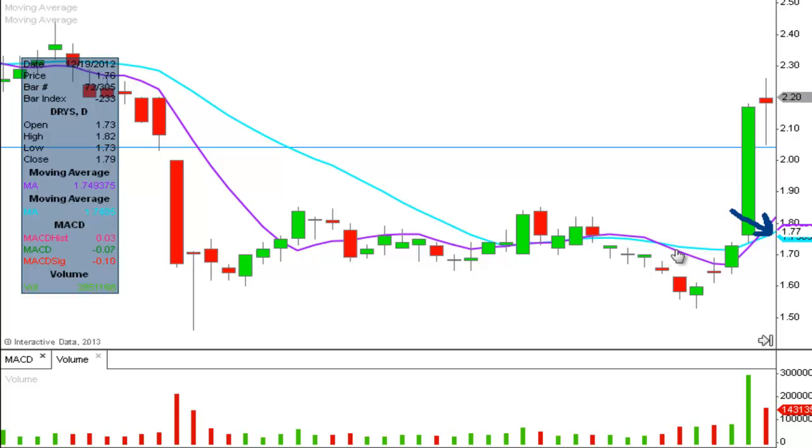As you know, the 20 SMA can certainly lead to more profits, but at this state of the trade, you can see that their risk is just much larger, whereas the people that are using the previous low method of the stop loss, they've just decreased their risk by quite a bit, and also they've turned it into a winning trade, whereas these people down here, it would still technically be a losing trade.